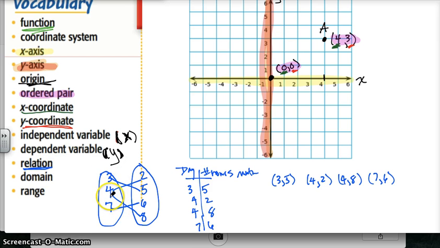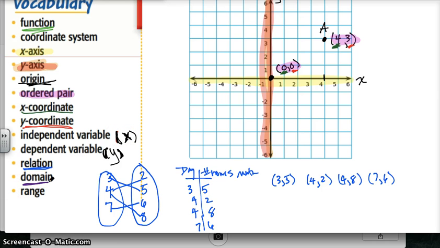But now that I've got 4 that goes to 2 and to 8, this relation fails to be a function. So functions are relations where each member of this first set is mapped to exactly one member of this other set.